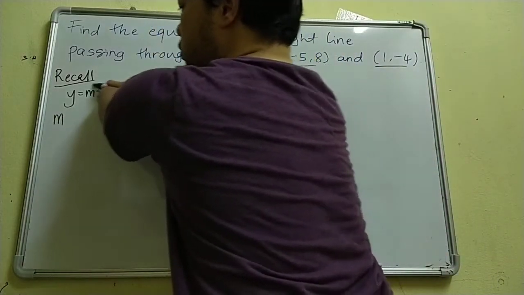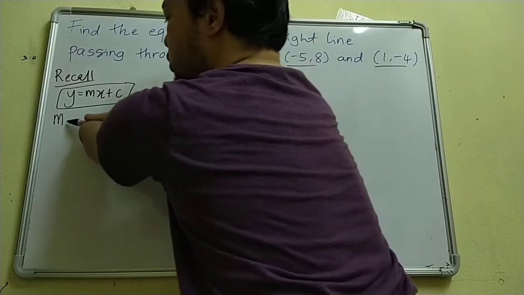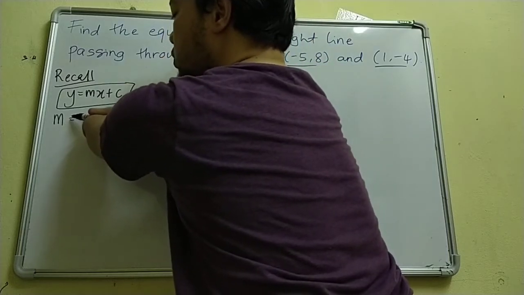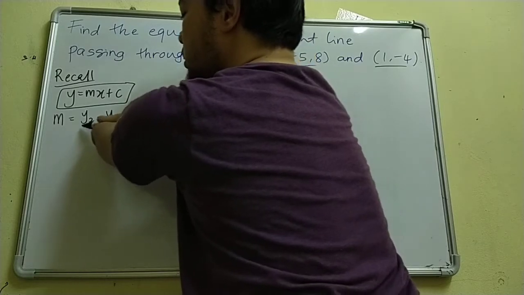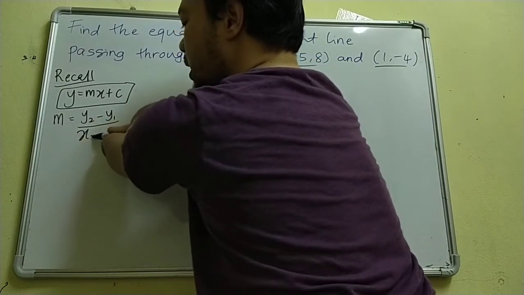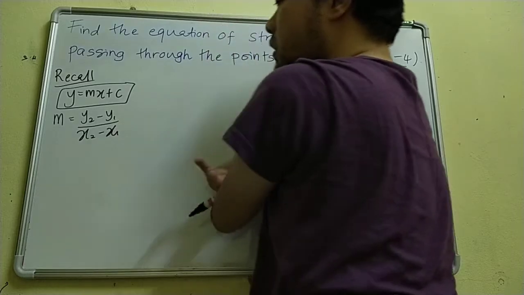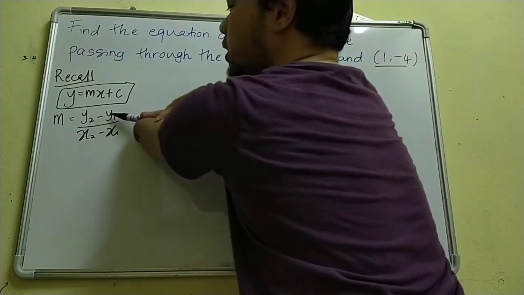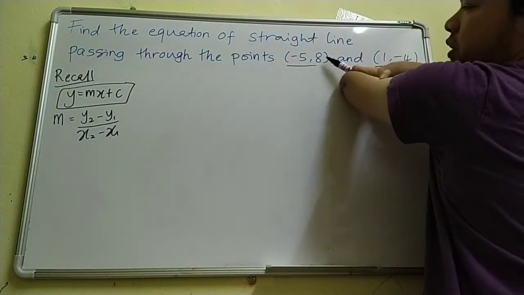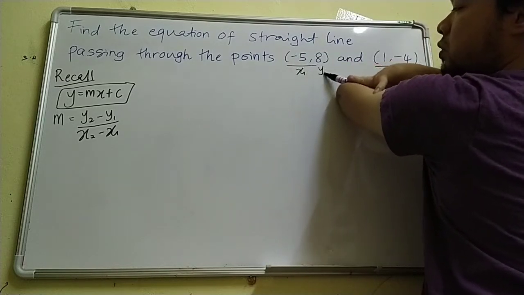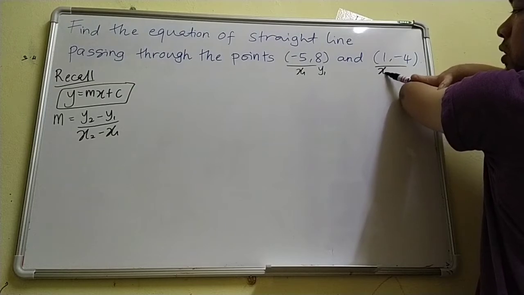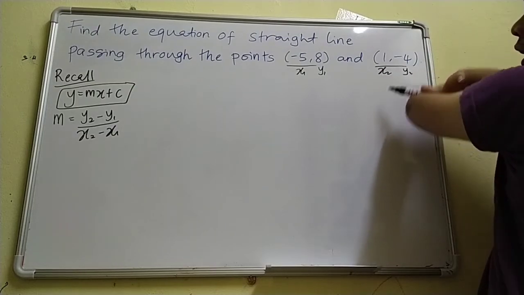So how to use the gradient formula? The gradient m is (y2 - y1) divided by (x2 - x1). This y2, y1, x2, x1 is derived from the points. Let's call this one x1, y1, and this one x2, y2.